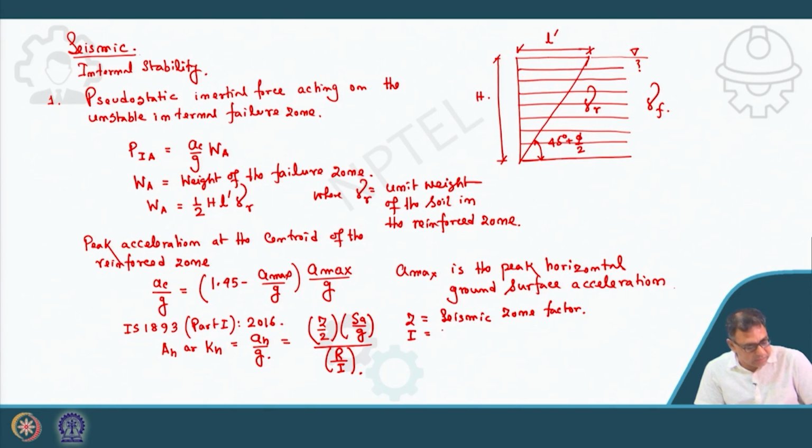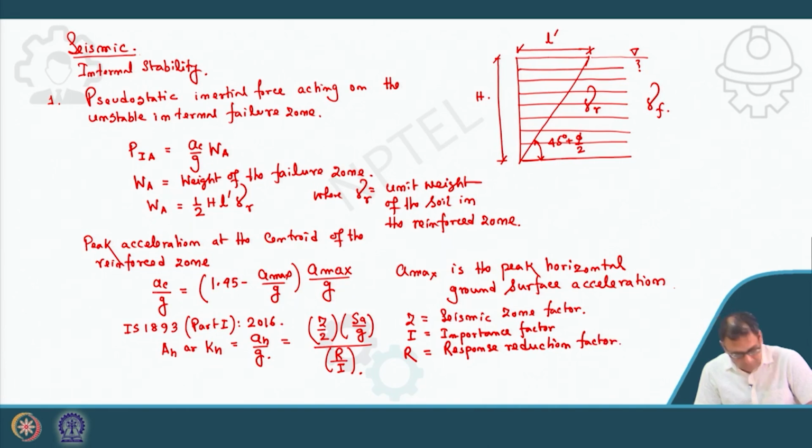I is the importance factor, then your R is the response reduction factor, and S_A by g, that is equal to your design spectra, S_A by g.